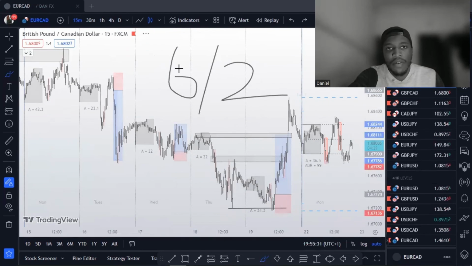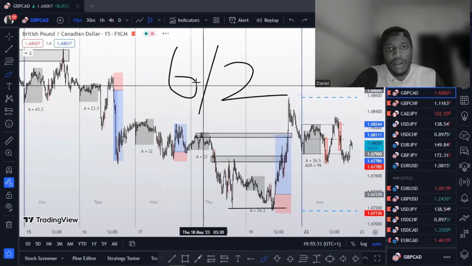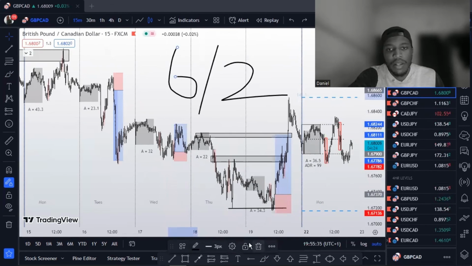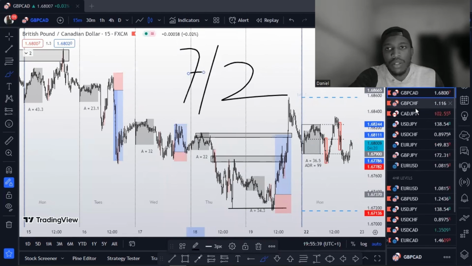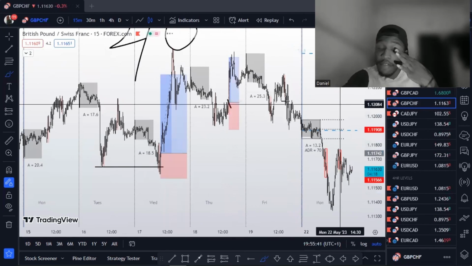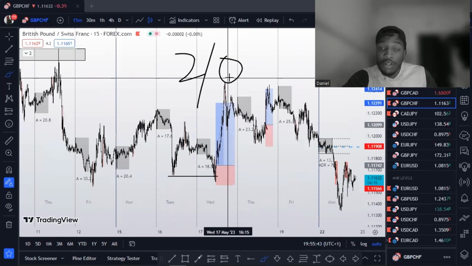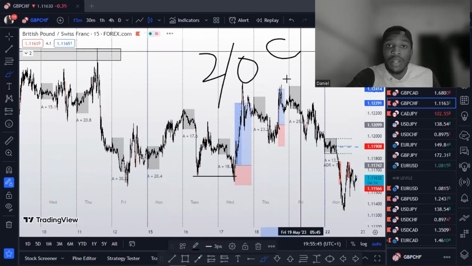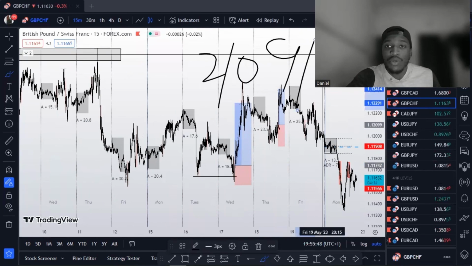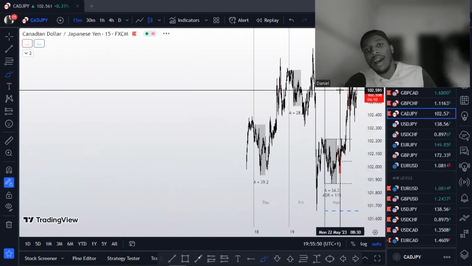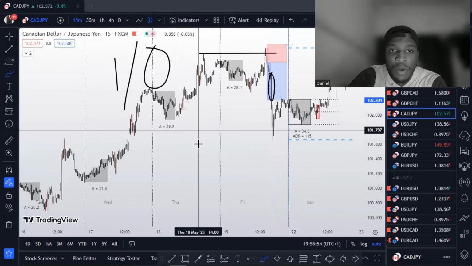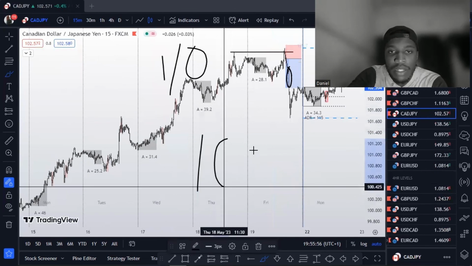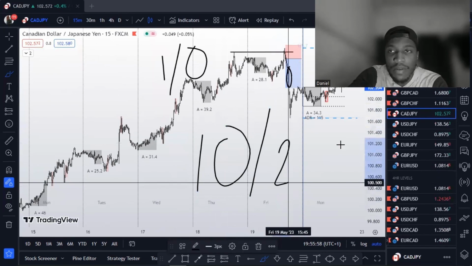So that would be 7 wins and 2 losses. Let's see on GBP CHF, 2 extra wins, so that would be 9 wins and 2 losses at the moment. And then plus, what's it called, GPY, so that would be 10 wins and 2 losses, right?